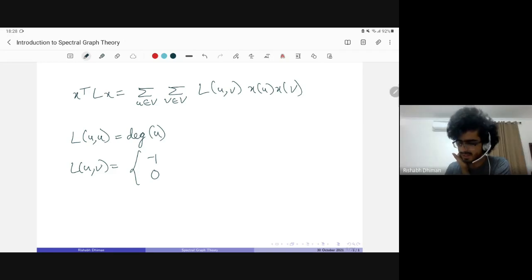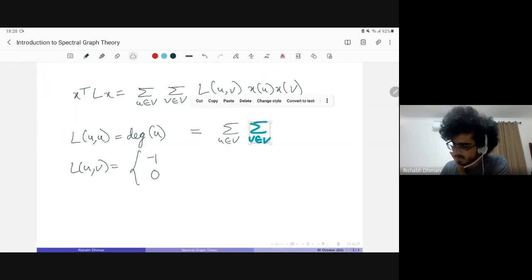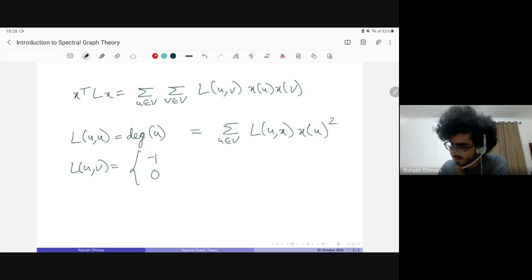Now, you'll divide this sum into say three parts. If you divide into three parts, it will be something like xu square, then summation over u, summation over v, with the extra constraint that uv is an edge.